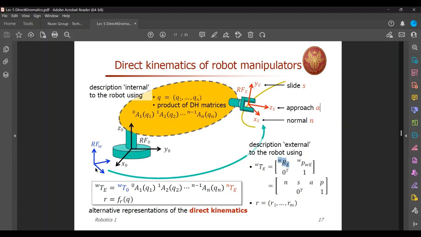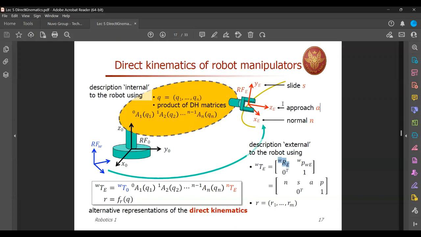So here you can see the x-axis of the end effector, we call it normal, and y-axis, we call it sliding, and the z-axis, we call approach.